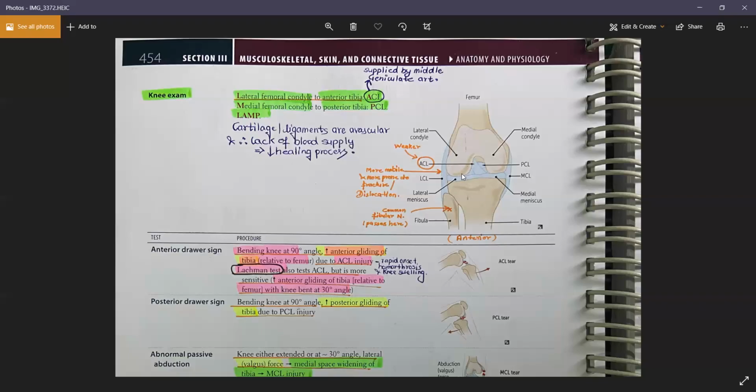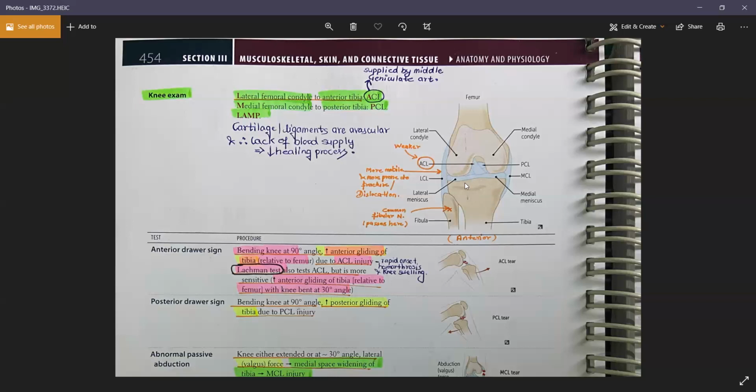Similarly, for your posterior cruciate ligament, set the value as lateral and posterior in the tibia. That means in the femur, it would be medial and anterior. Not exactly properly anterior, but somewhat more anterior than the tibia.